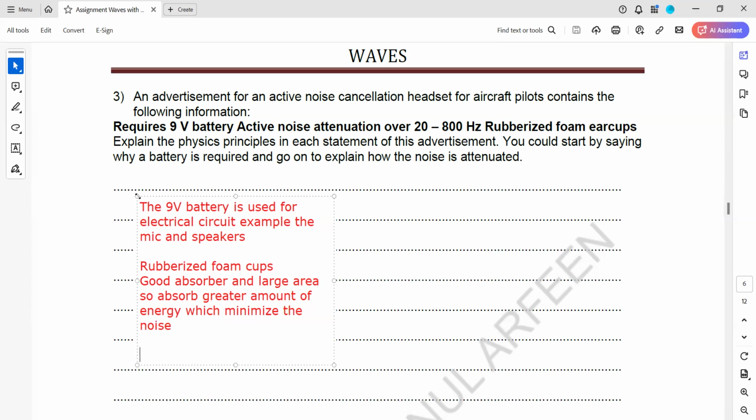Then active noise attenuation, how is it done, or noise cancellation?